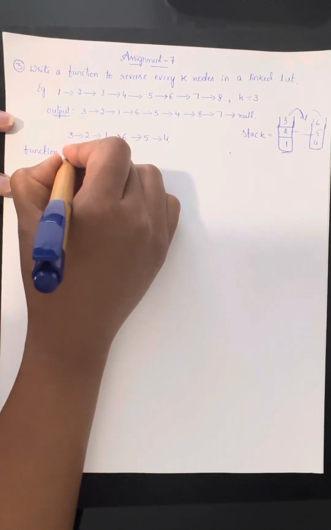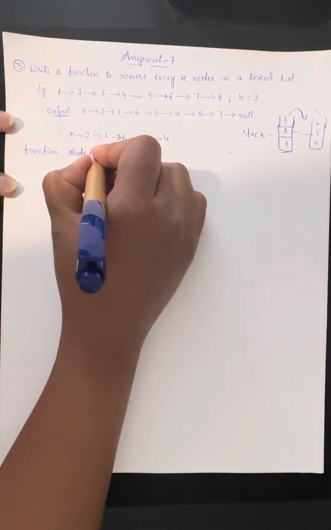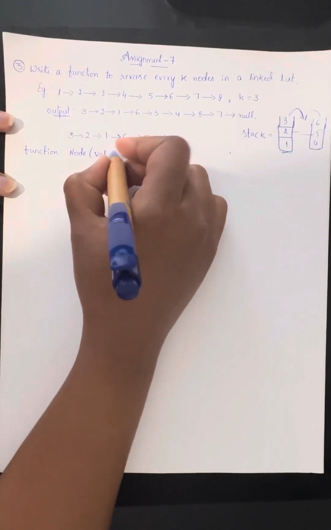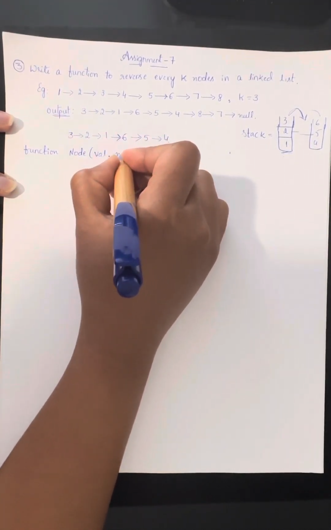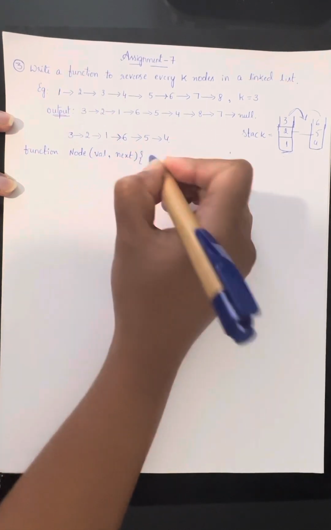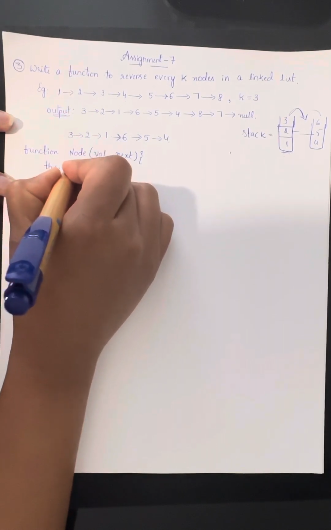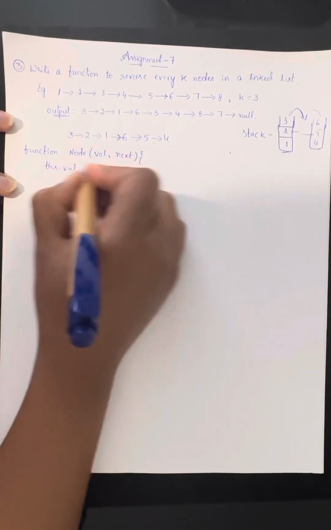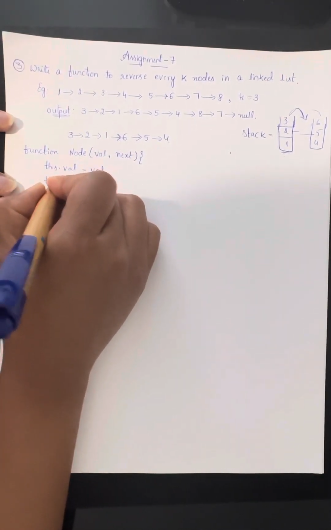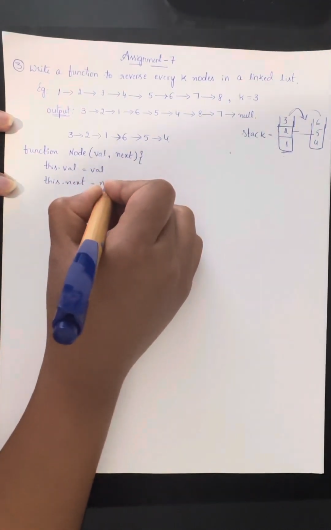Function node takes in value and next pointer. We have this.value equals value, and this.next equals next.